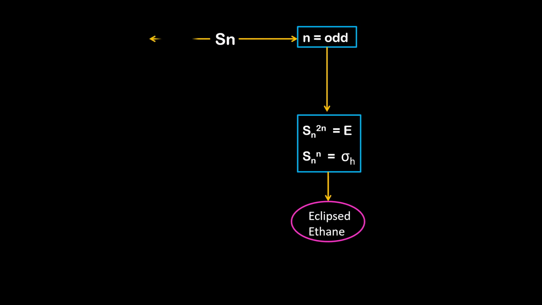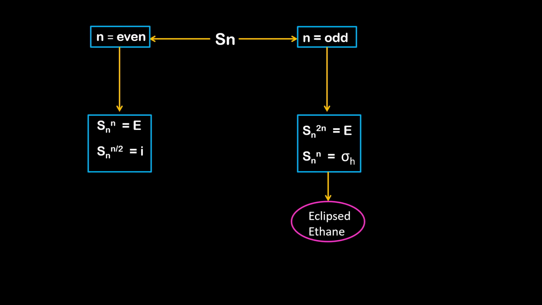If the value of n is even, then Sn raised to n is equal to identity, and Sn raised to n by 2 leads to the center of inversion, and the example is staggered ethane.